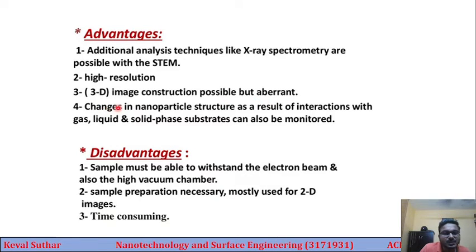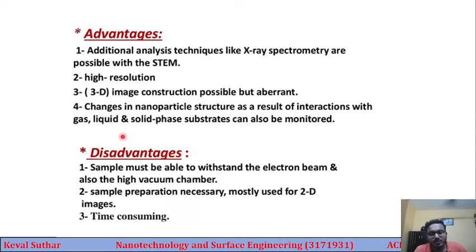Fourth is changes in the nanoparticle structure as a result of interactions with gas, liquid or solid phase substrates can also be monitored. So some kind of variation in nanoparticle structure can also be obtained with the help of this method.